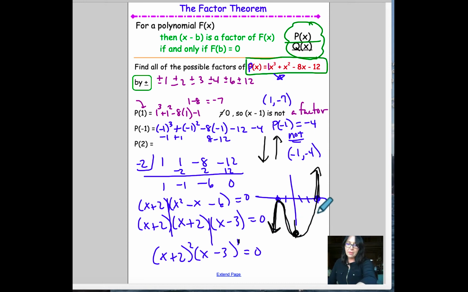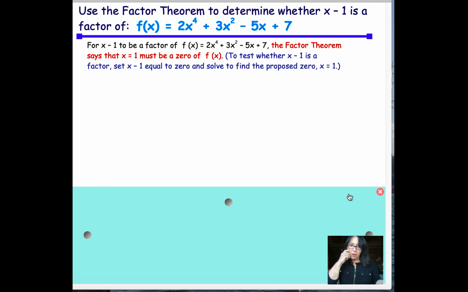Okay. So the factor theorem, again, uses the values from the rational root theorem. So here's my equation here. Use the rational root theorem to figure out what all the values would be. To find out the values, p of x over q of x, this is the rational root theorem.